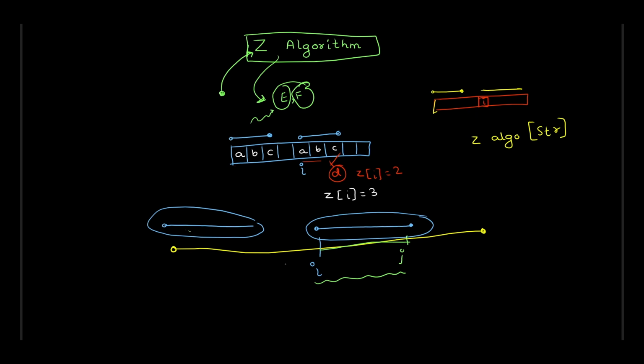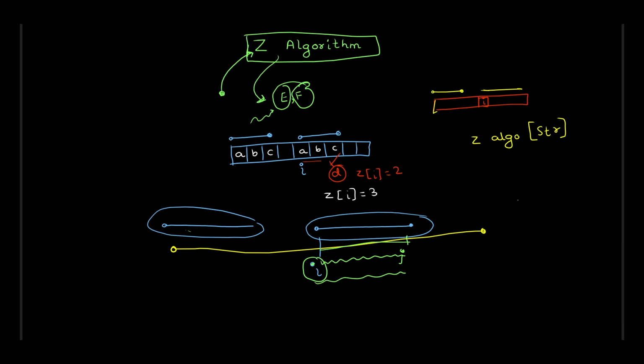How can we do that? All you have to check is that the substring I to j, if this is a prefix of the original string, then it means the z value of I has to be at a length that either touches j or is greater than it, right?